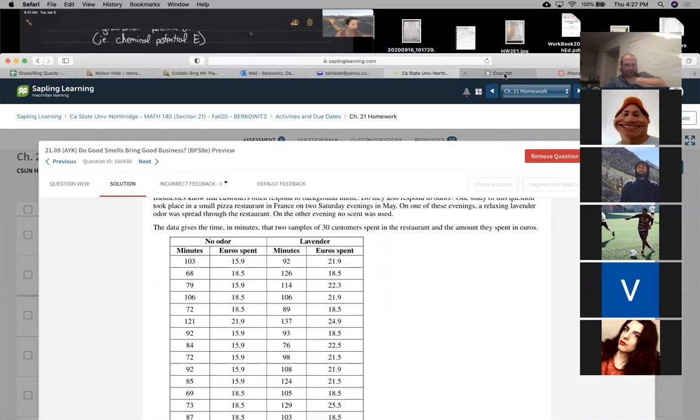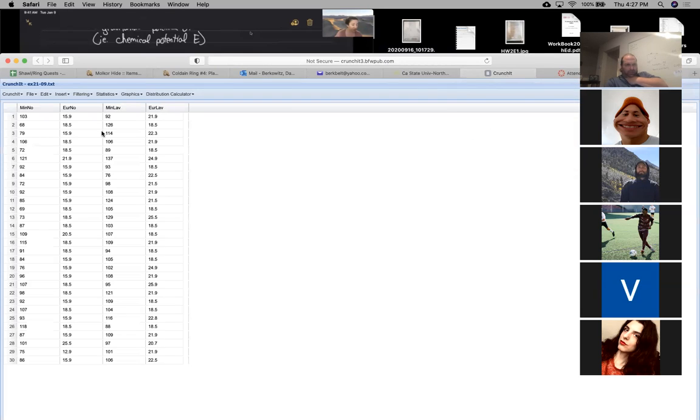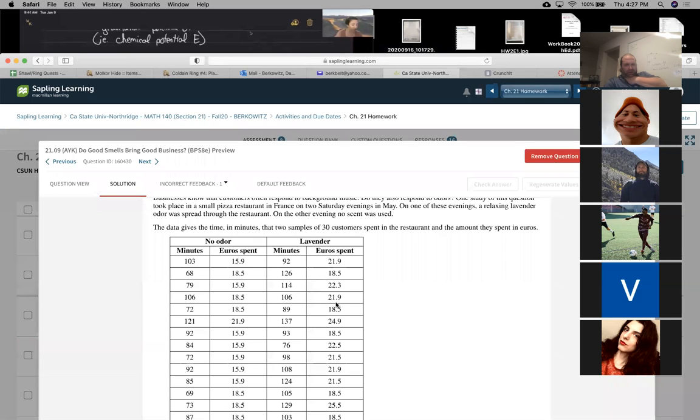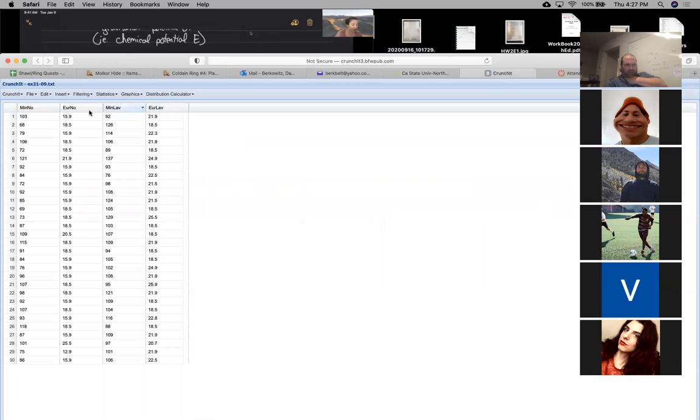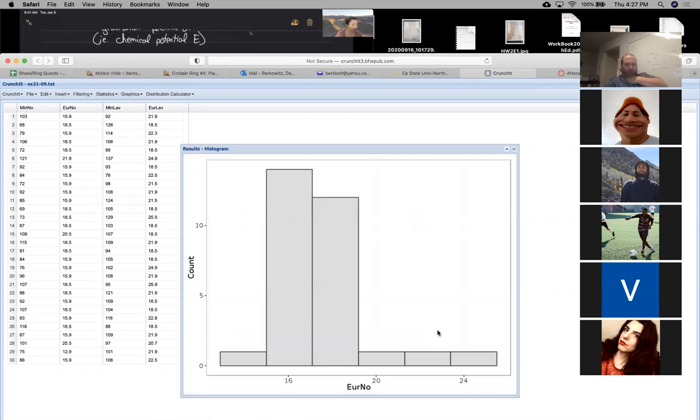Okay, minutes and euros spent, euros for no odor. So we want to compare euros spent for no odor and lavender. So we're looking at these 2 columns, euro no and euro lavender. So let's form a histogram for each one. This will be the euro no. And let's just form a histogram for the euro no.